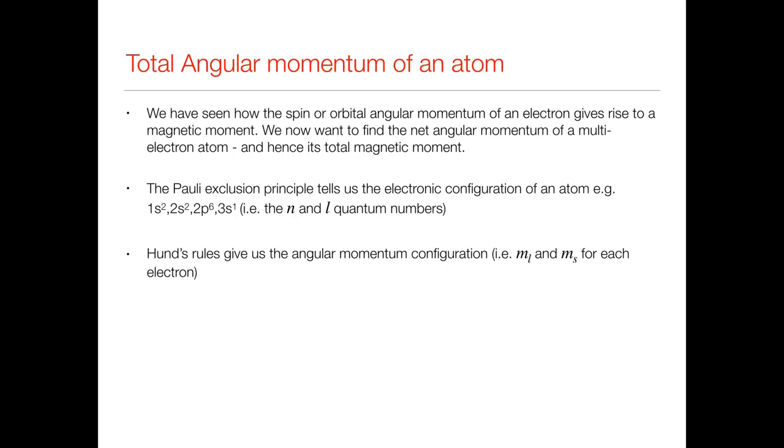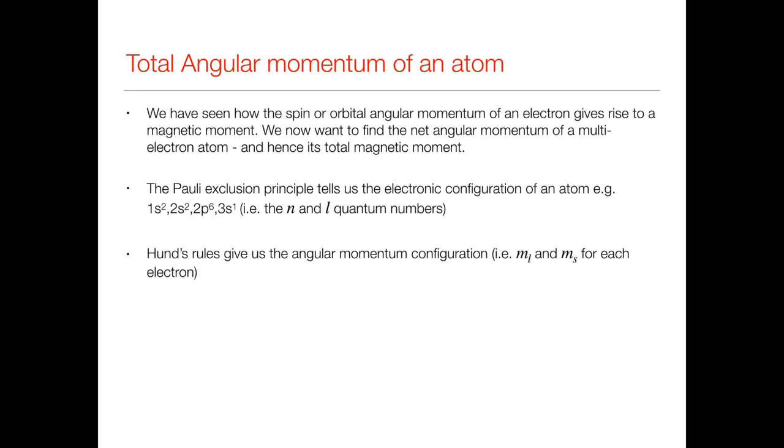So the idea is that something like copper would have a number of electrons. Those electrons will have potentially orbital angular momentum and spin angular momentum.